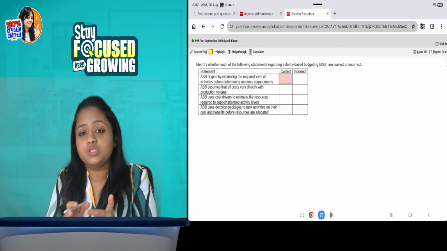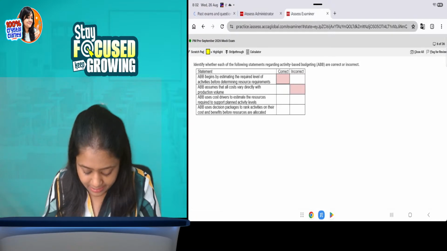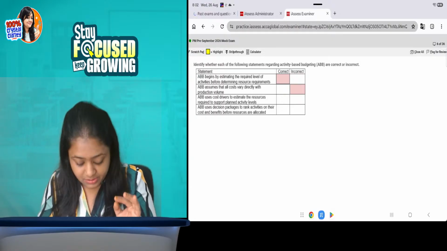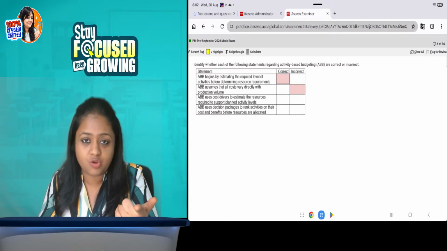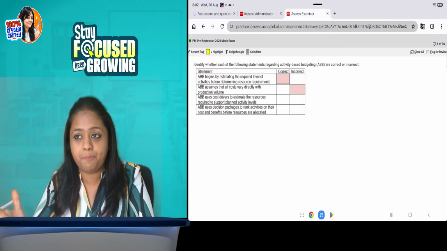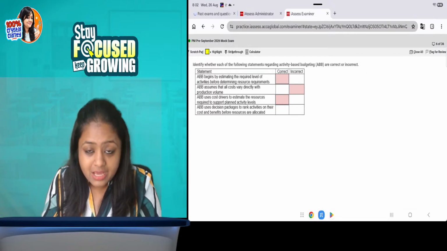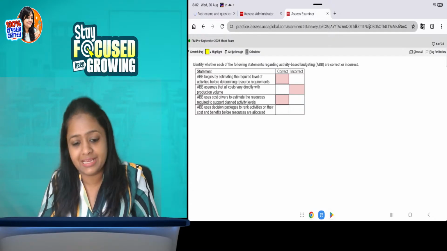We say that the cost will vary as per the activity levels. Correct? So here it is incorrect. ABB uses cost drivers to estimate the resources required to support planned activity levels. Cost drivers are the base point for ABB and ABC both. Correct. I'm always looking for the keywords, and you also have to look for keywords in the exam.